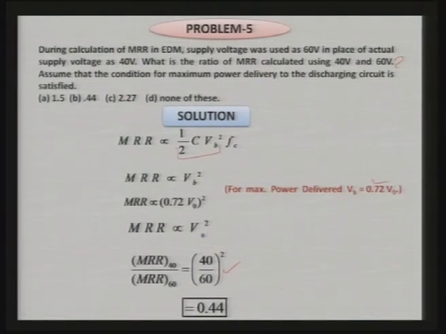That is quite obvious from here: at 40 volt the material removal rate becomes 0.44 times of what you get at 60 volt, that is MRR40 equals 0.44 into MRR60.